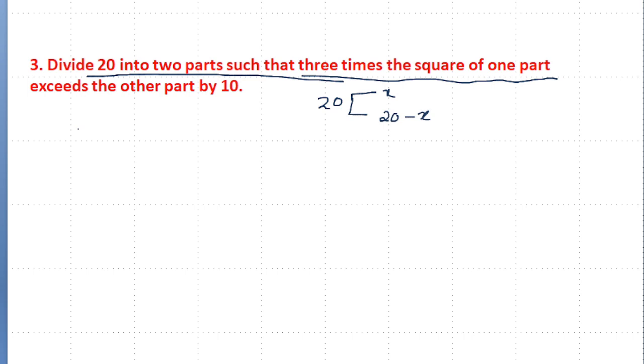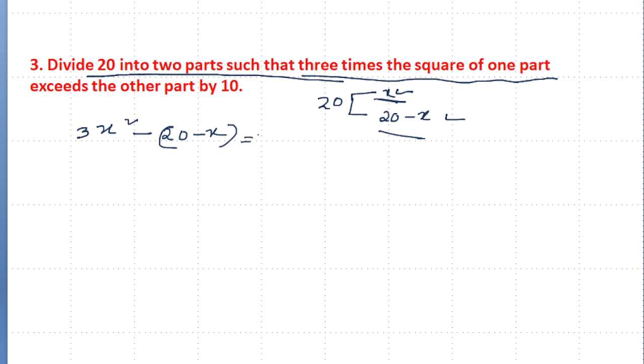You can take x or 20 minus x, but I will take x so that it may be easy. Exceeds means it is greater, so 3x square is greater. So minus the second part. What is our second part? 20 minus x. Don't forget to put the bracket.